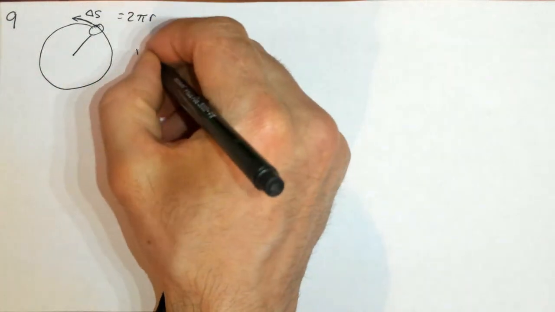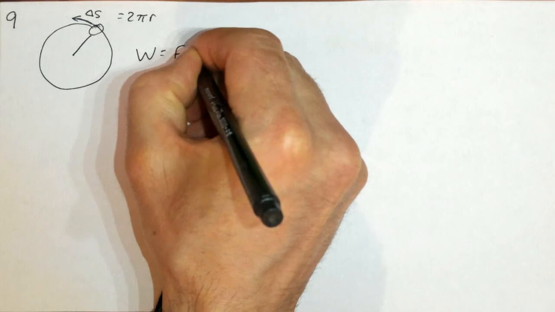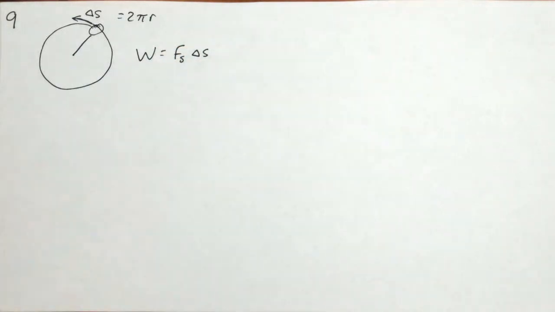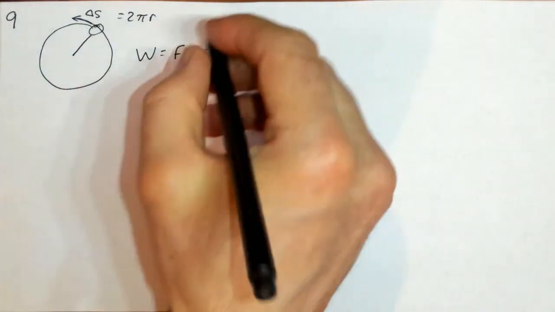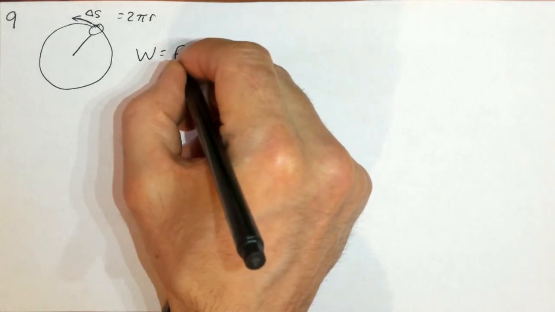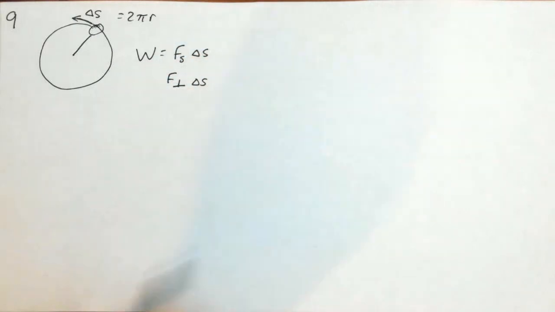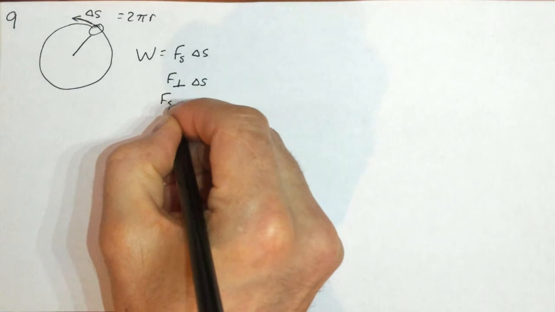When I think of the work done, I think of the force in the direction of motion times the displacement. But there is no force in the direction of motion. F is perpendicular to delta s, and so F sub s is equal to 0.